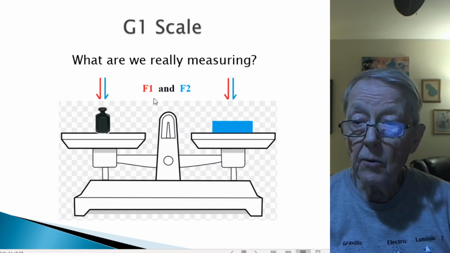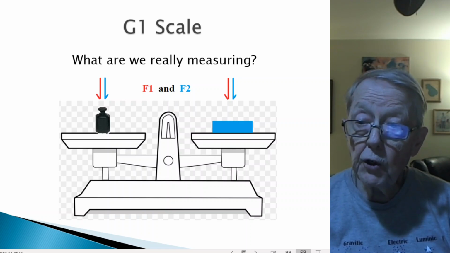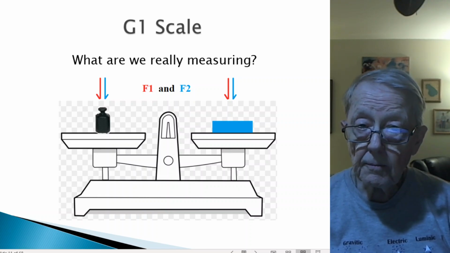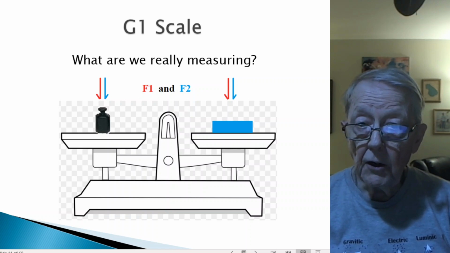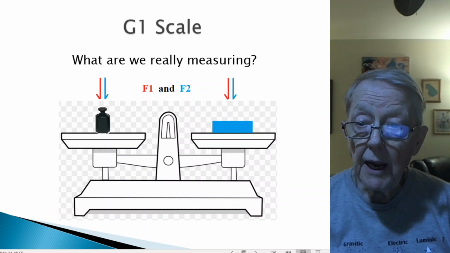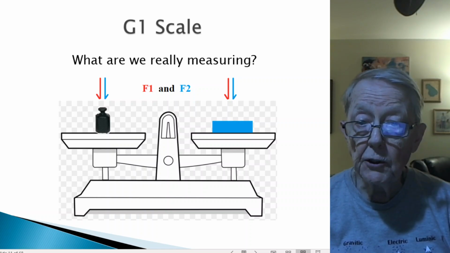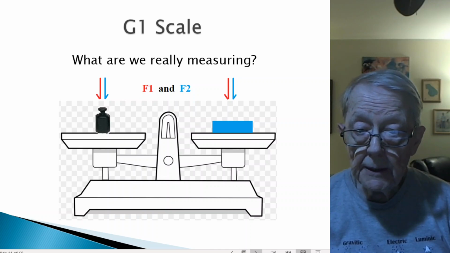F1 is there. We all understand that. What we don't talk about is the fact that F2 is there. You can't get rid of it. You think you're doing G1 gravity, but you're doing G1 and G2 gravity because they're both there. You can't separate it.